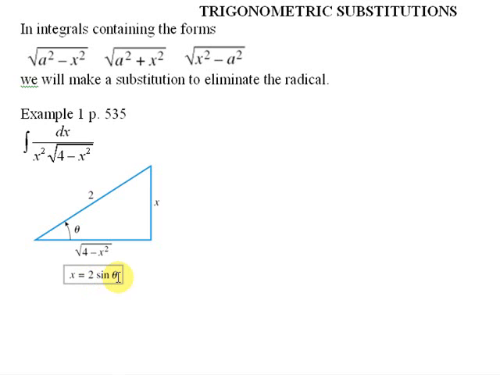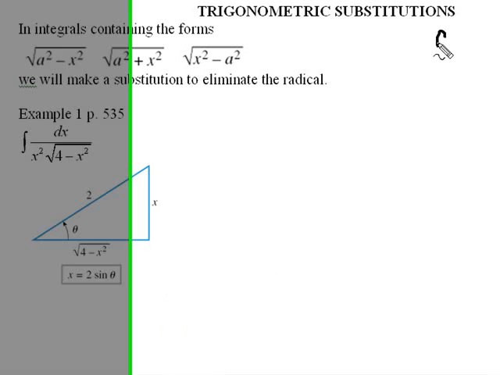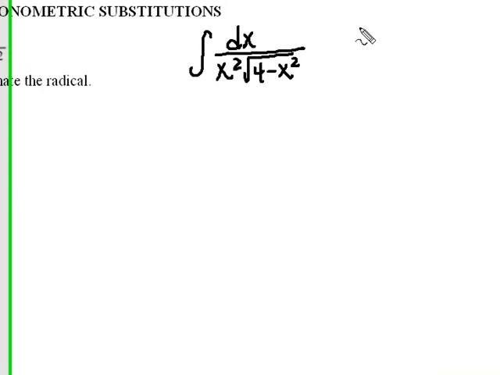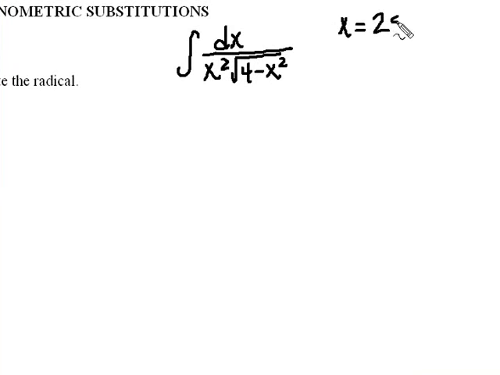So let's go ahead and set up our integral. We have the integral of dx over x squared square root of 4 minus x squared. And we're going to use the substitution x equals 2 sine of theta. Now we're going to need to replace dx, so let's figure out what dx is.